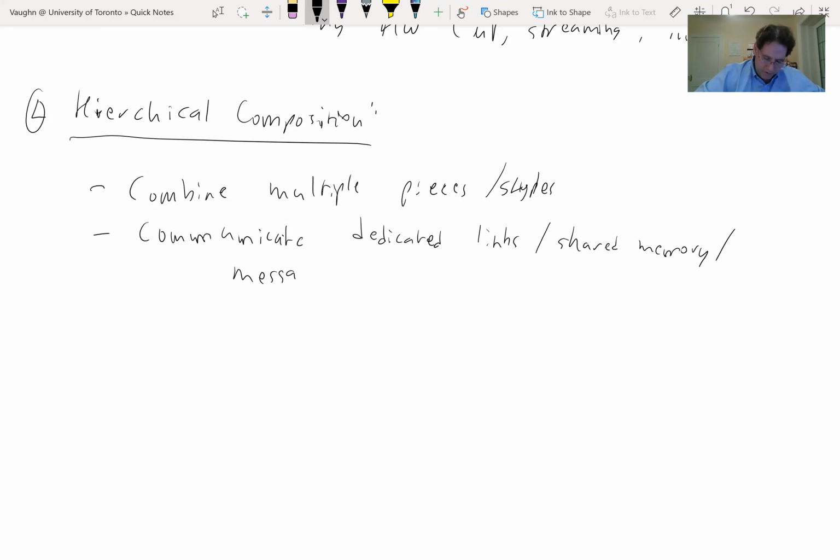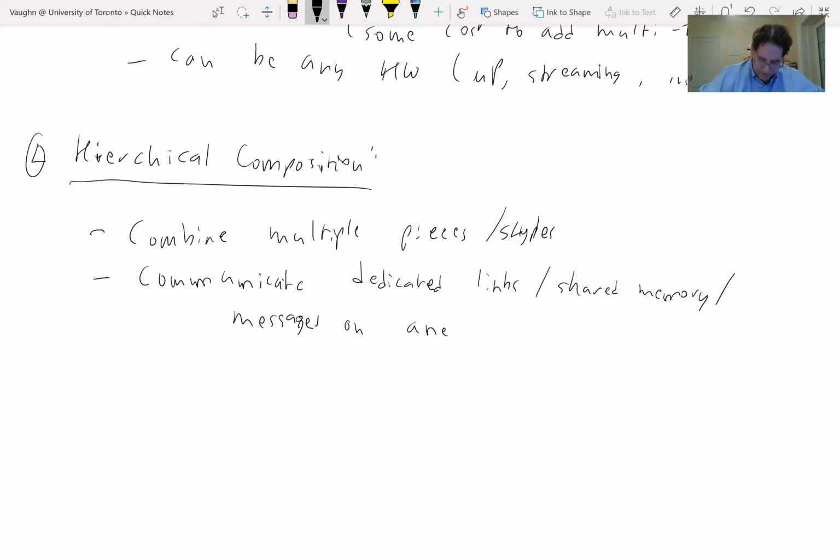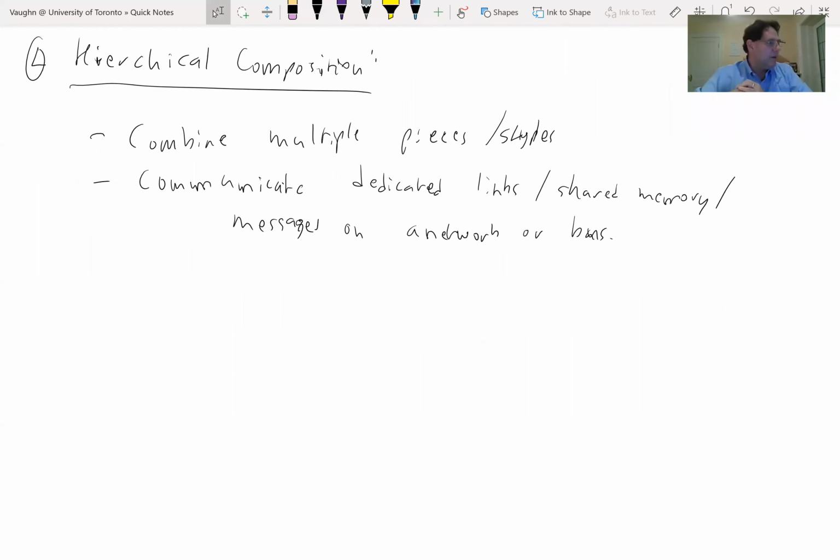We can also build networks where there's some muxing and switching in them. So we can send messages on a network or a bus. When we looked at coprocessors, we talked a bit about how you wire these things together, typically with buses. We talked a little bit about communication. But as you start composing things, that becomes another part of your design decision of how to wire everything together.